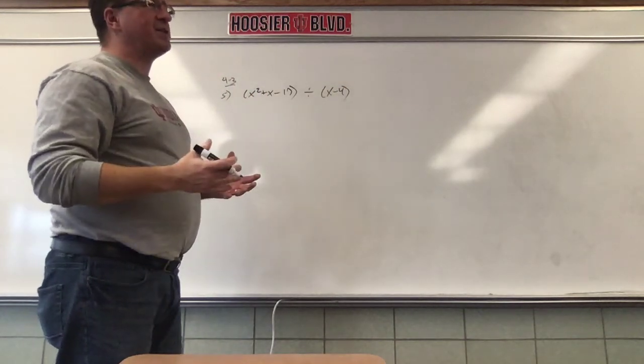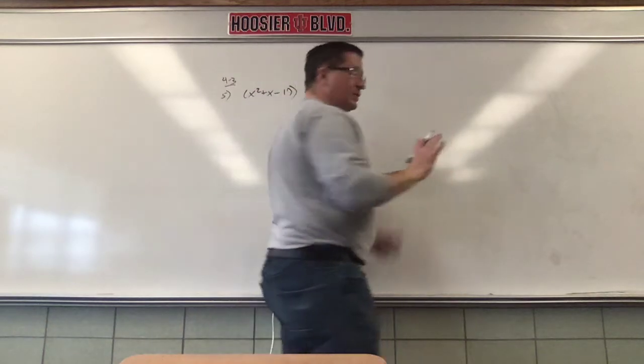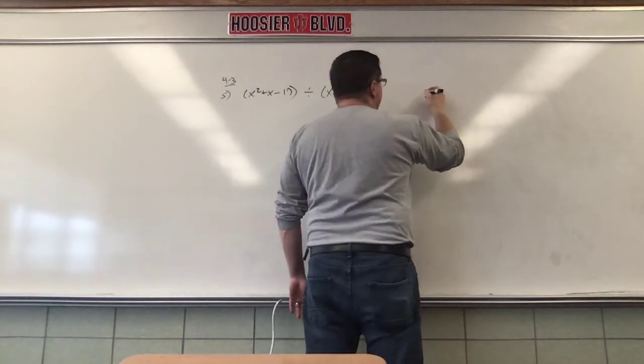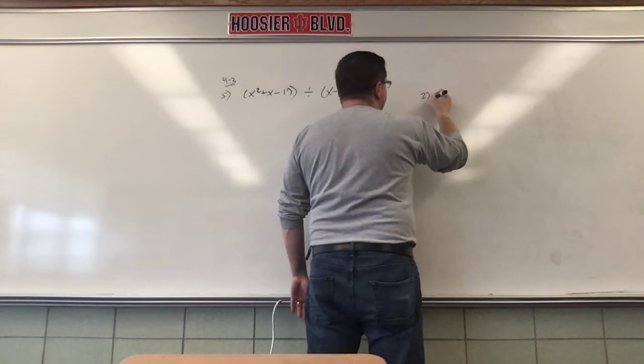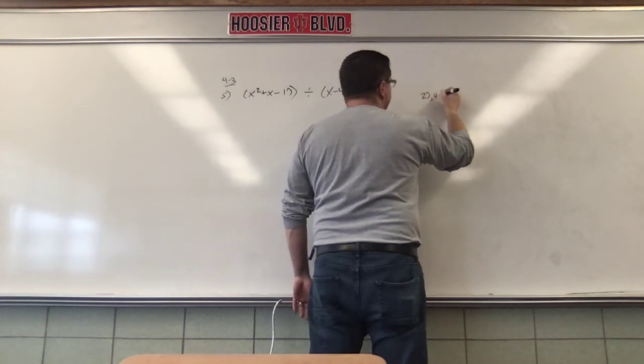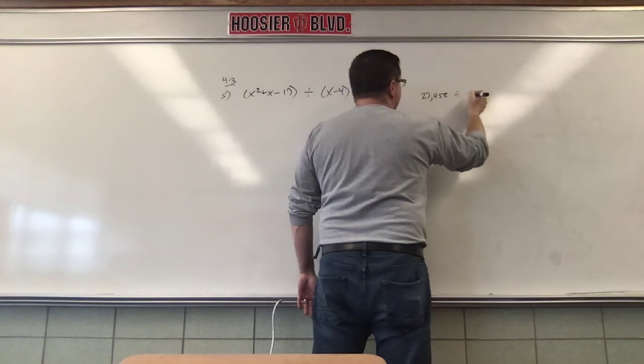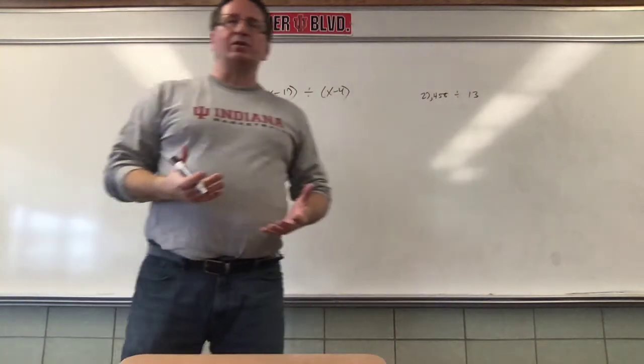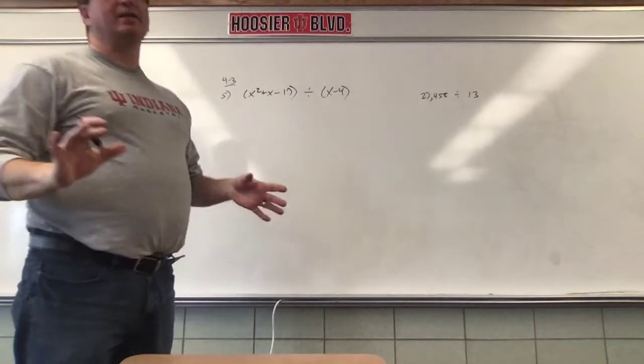This is where we're going to do two questions at the same time. If I was to give you 27,458 divided by 13, I have absolutely no idea what the answer is, and I don't really care for right now.